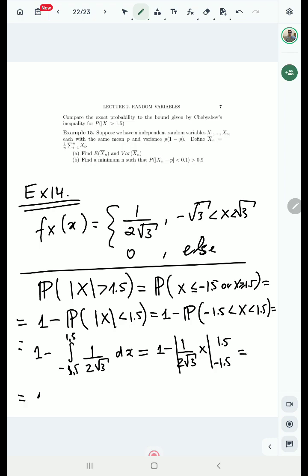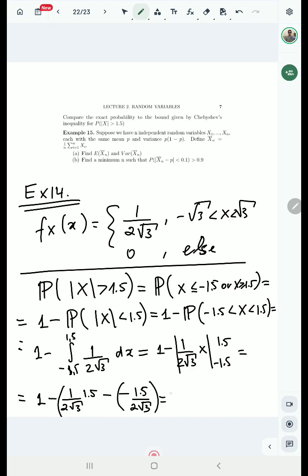That gives you 1 minus 1 over 2 square root of 3 times 1.5 plus, actually minus, because you have minus here and minus in the beginning, so maybe it's better if I write it in this way: minus 1.5 over 2 square root of 3.